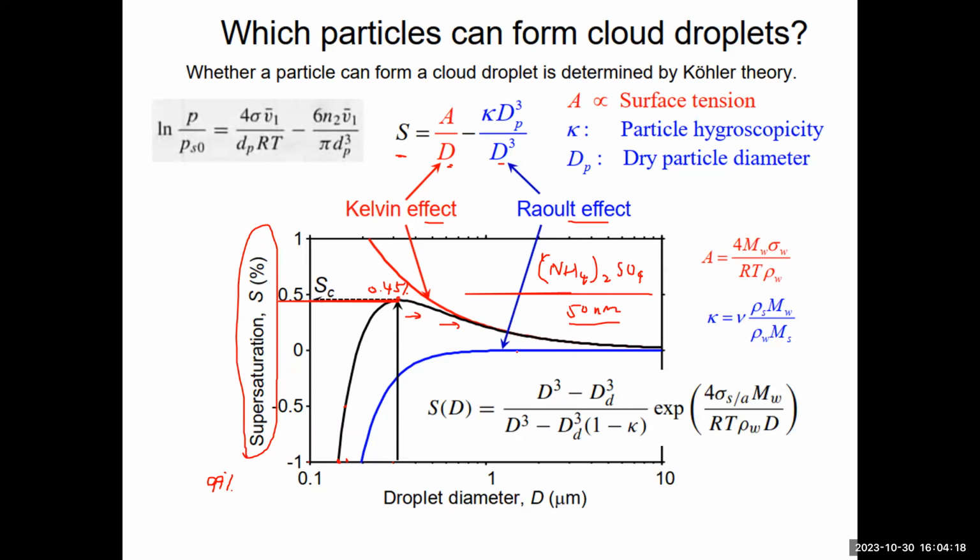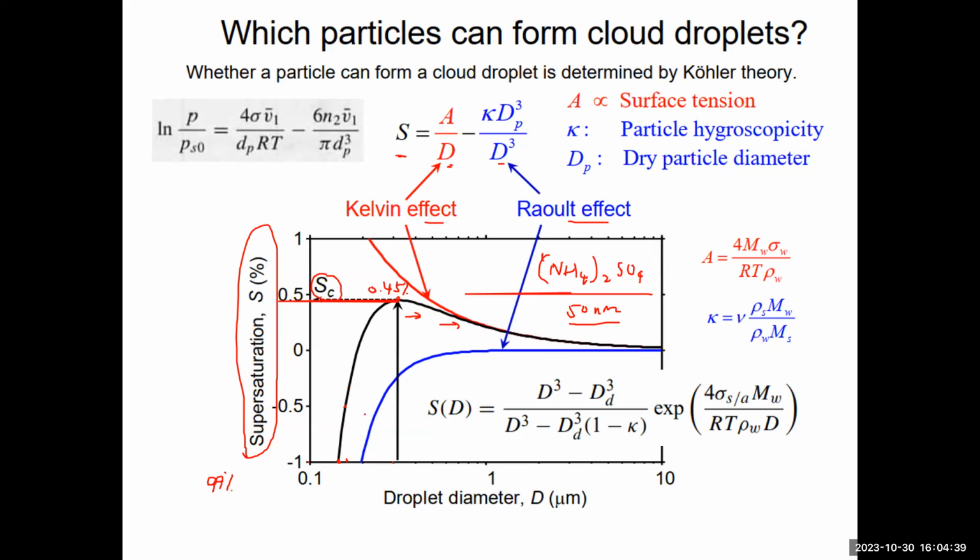At the same time, they don't need a further high supersaturation to maintain the droplet. So this means that the droplet is just going to automatically grow by itself. And this is why people also call this a critical supersaturation, where the aerosols will form into the cloud droplets.